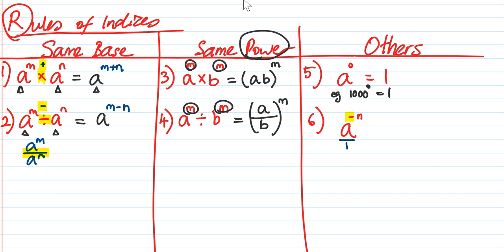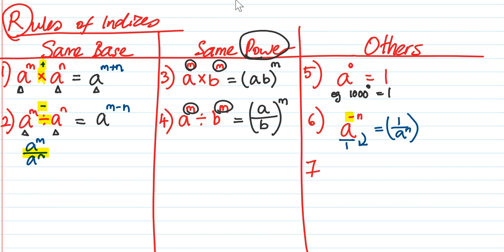And this is what's going to happen. Flip this, it'll be 1 over a. Let's put a bracket here. And instead of the power being negative, the power is going to be positive. Okay, I mean, you don't need the bracket if you don't want to.